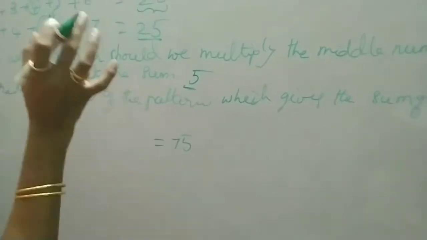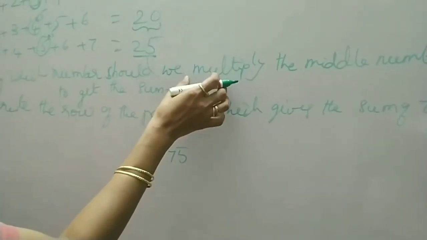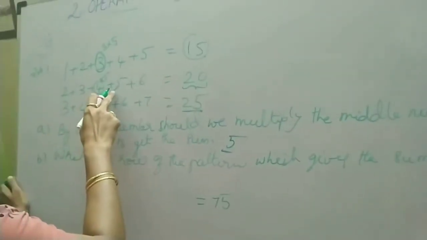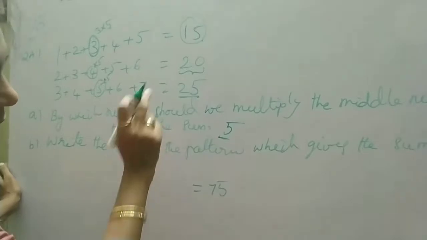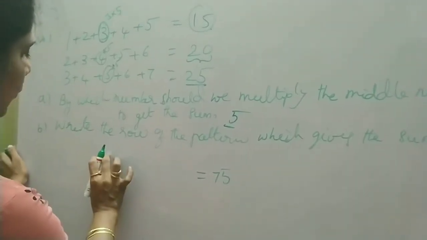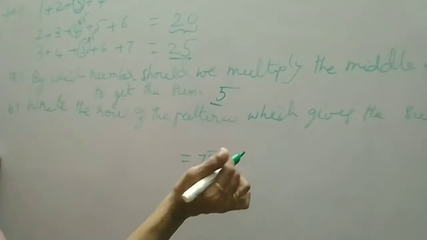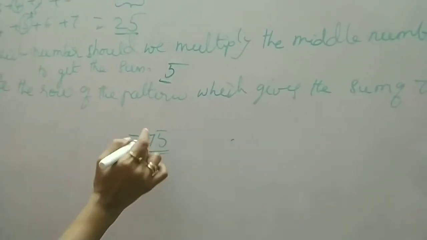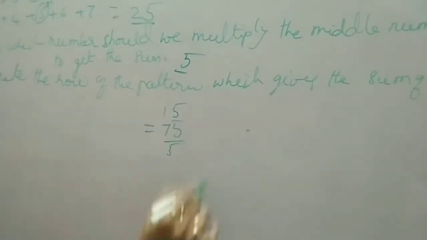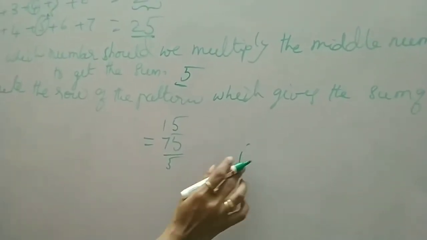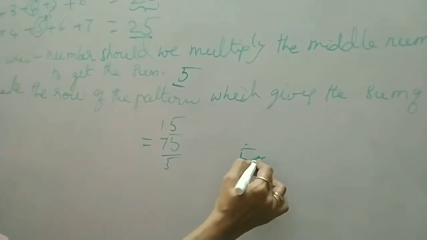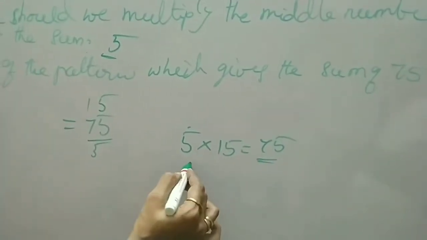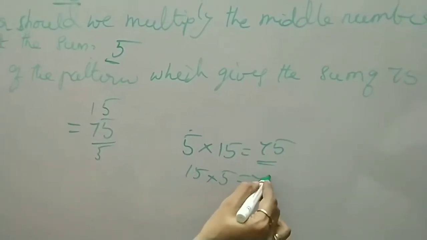From the first question, what we have learned is that if you multiply the middle one with 5, you get the total sum. Fifth table: 5 ones are 5, 5 fives are 25, and 15 fives are 75.